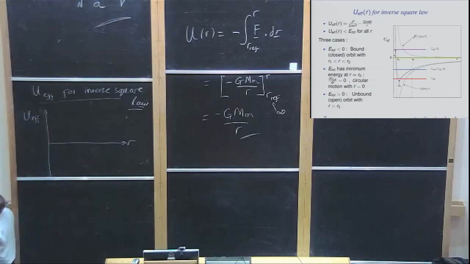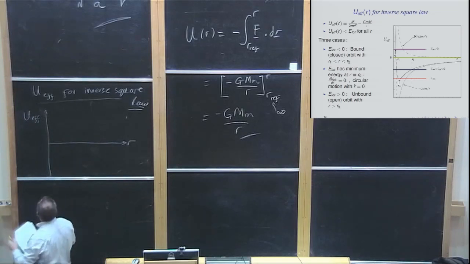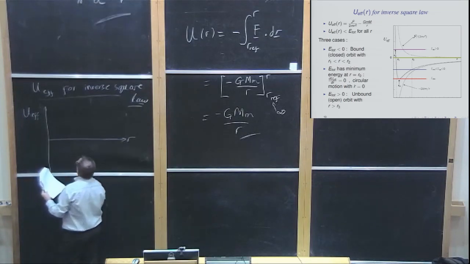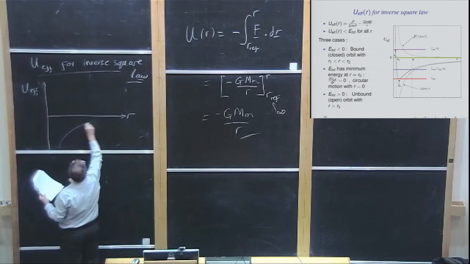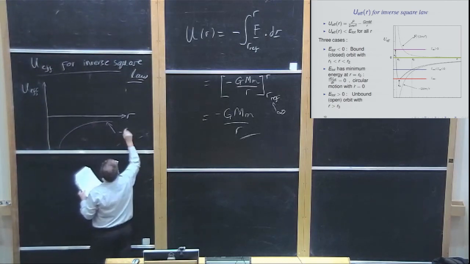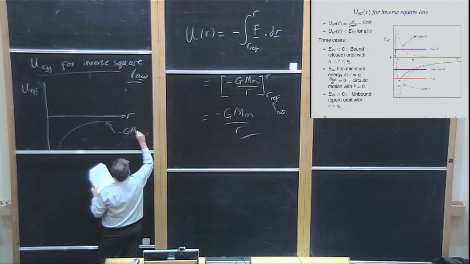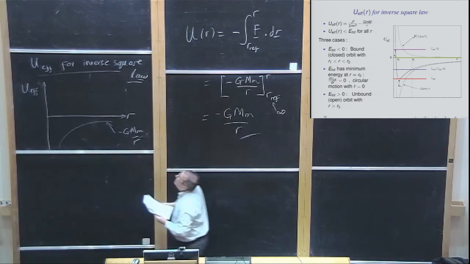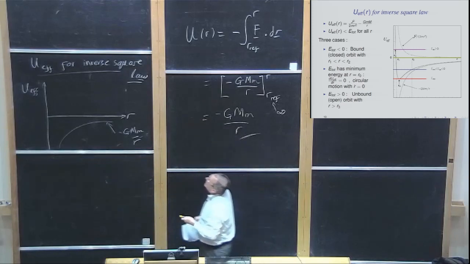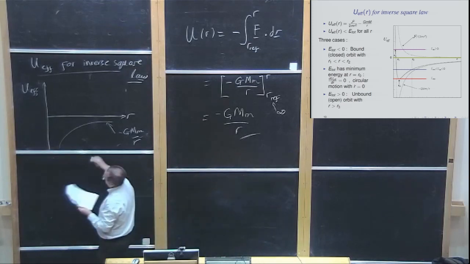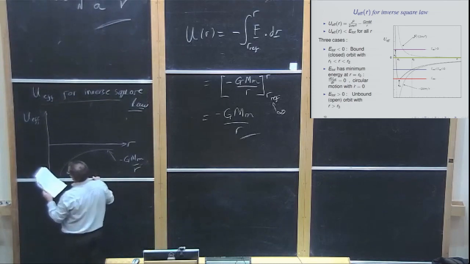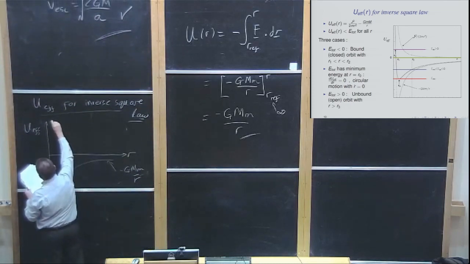Firstly, we have just the gravitational component. So this is the minus big G, big M, little m over R. That's how this varies. But then added onto this, there's the J squared over 2mR squared. So this is positive, and it's varying more quickly because of the R squared.